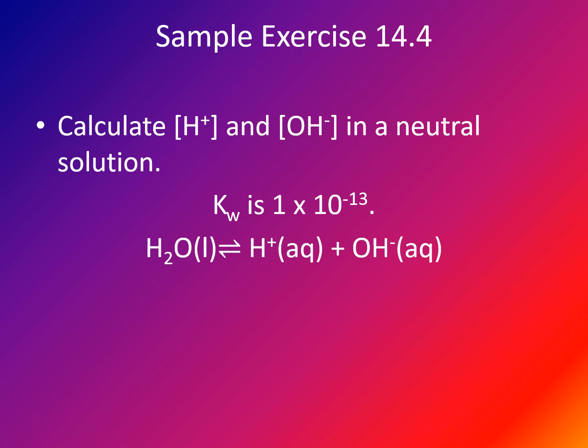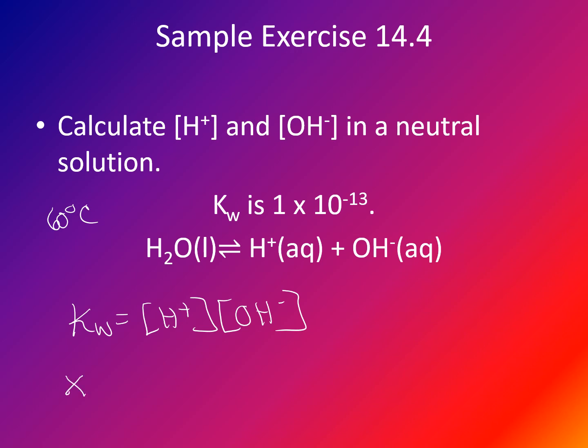Our last one is to figure out what hydrogen and hydroxide concentrations are at this 60 degrees Celsius. We're just going to take our Kw, and we know that it's the concentration of hydrogen times the concentration of hydroxide. They have to be the same. So I'm going to use X for my concentration. I'm going to take the square root of 1 times 10 to the minus 13th.